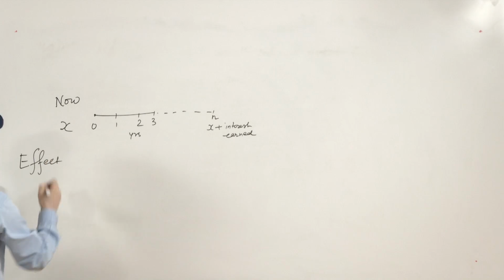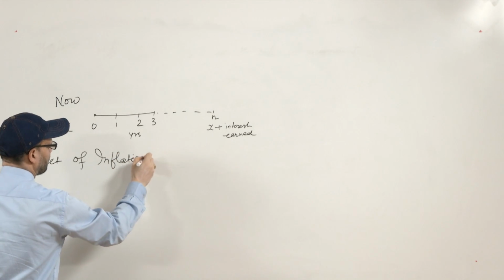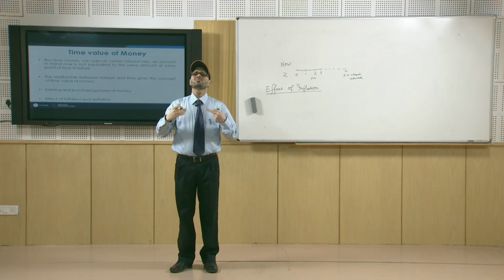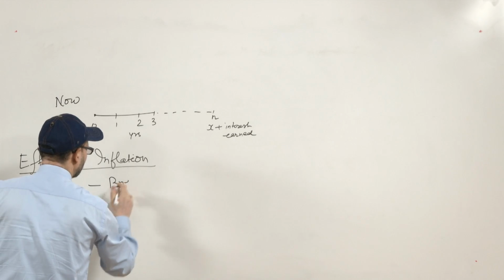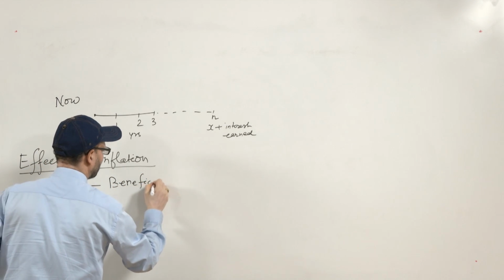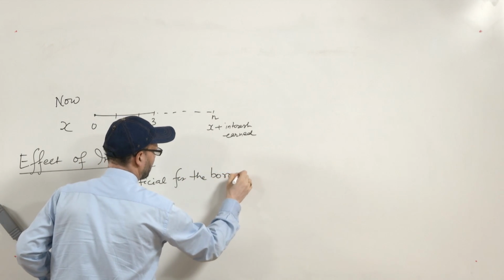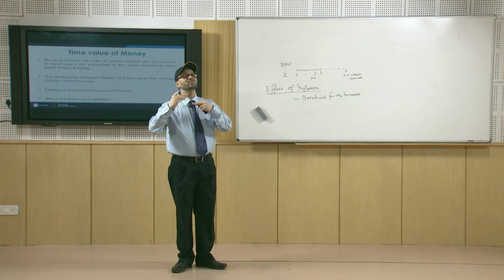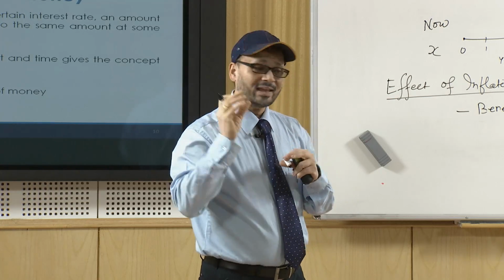What happens to the interest rate when there is inflation and deflation? When there is inflation, basically it is beneficial for the borrower. So, if there is inflation, it will be beneficial for the borrower. Because the value of money is anyway going to be decreased in that particular time. So, basically he has to pay some amount less.